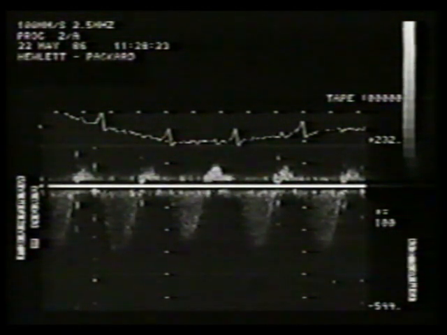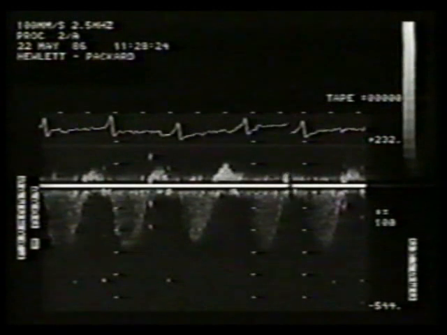This patient had only mild tricuspid regurgitation. A faint but complete envelope of TR was detected with the CW probe. The peak velocity is 3 meters per second.